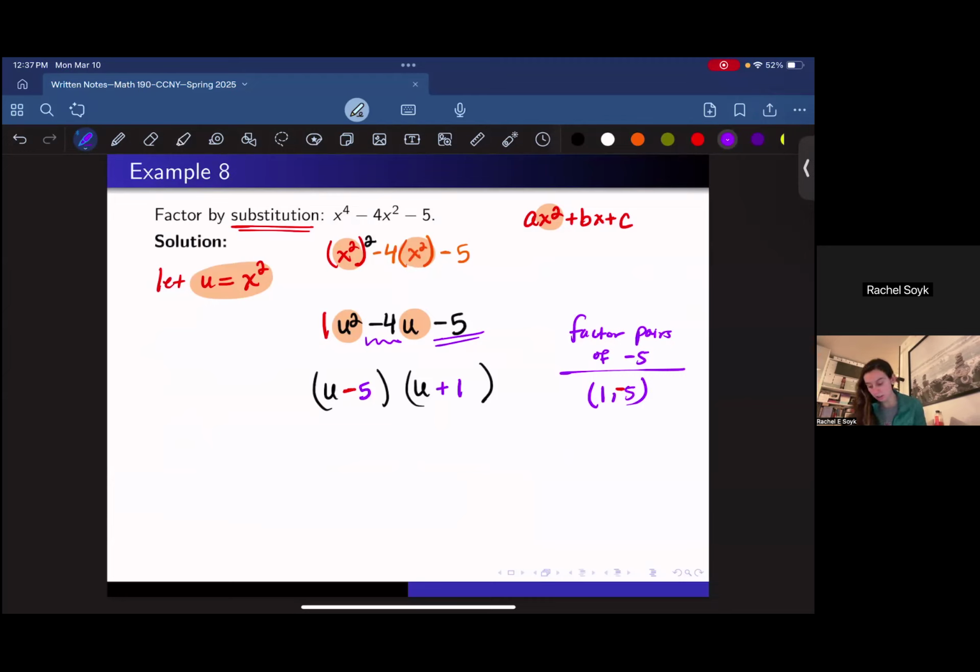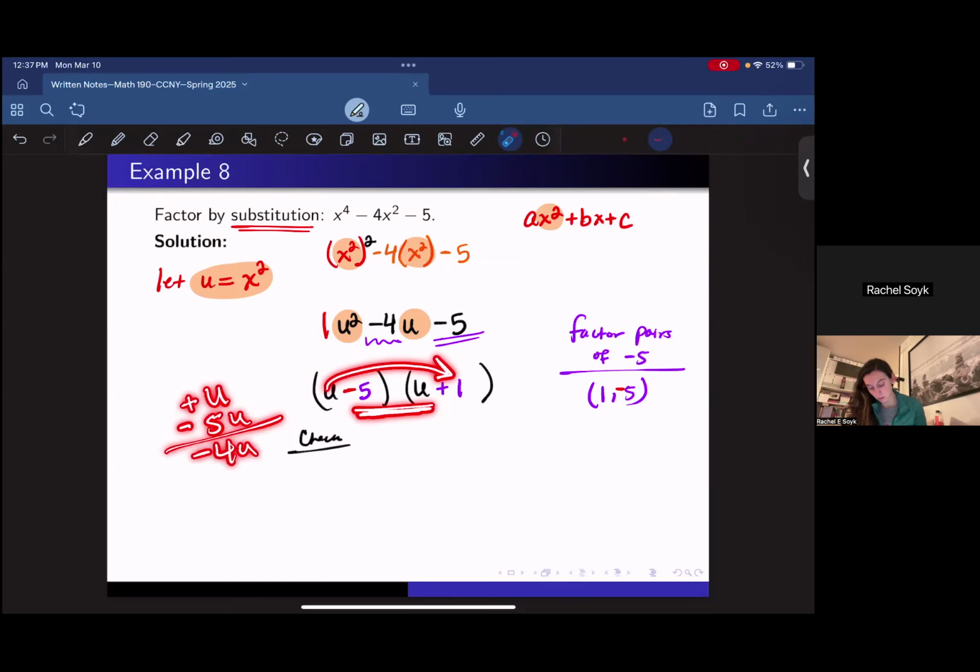And if we check, u times u gives you u squared. Good. U times 1 gives you a plus u. -5 times u gives you a -5u. So this gives you -4u when we combine like terms. Excellent. And -5 times 1 gives you a -5. Good.